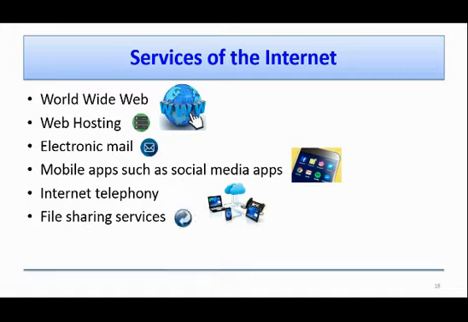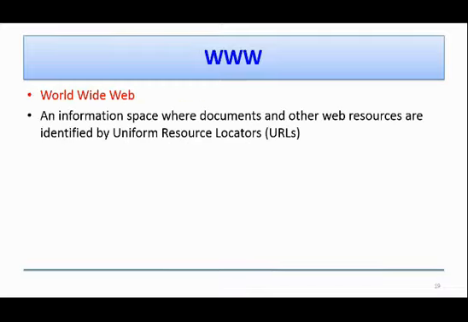World Wide Web, web hosting, sending emails and mobile apps, IP phone, file sharing. I'll take the first one, WWW, World Wide Web. What is World Wide Web? Simply we can say World Wide Web is an information system, or information space, where documents and other web resources are identified by URL.